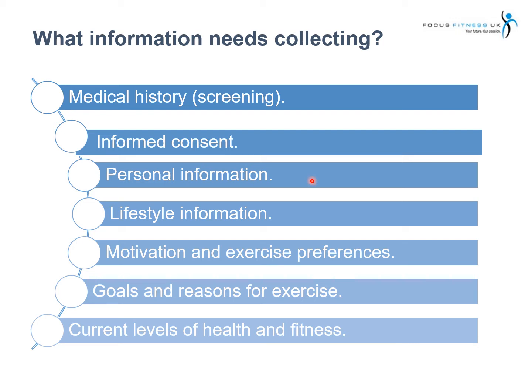Any personal information, address, date of birth, doctor's information if required, any lifestyle information on diet, sleep, exercise history, etc. Motivational and exercise preferences, what they like to do, anything they don't like to do, what makes them motivated. This can lead to the reasons why they're exercising, and then assessing their current levels of health. So by doing all this, you've got a good basis on which to make a good plan.